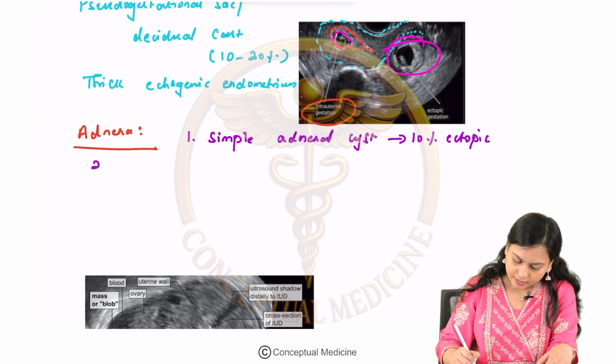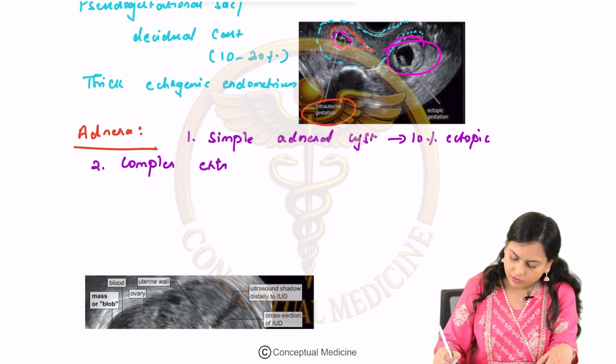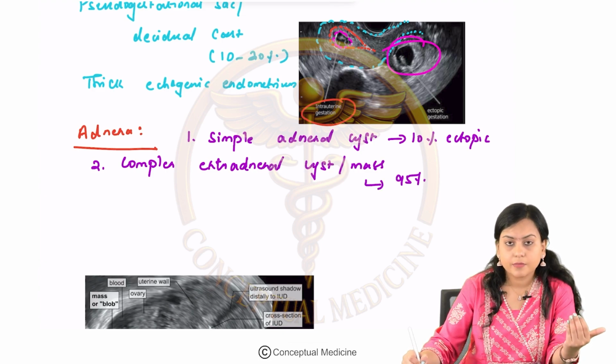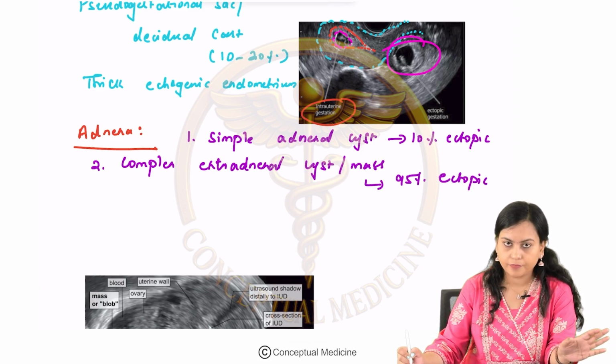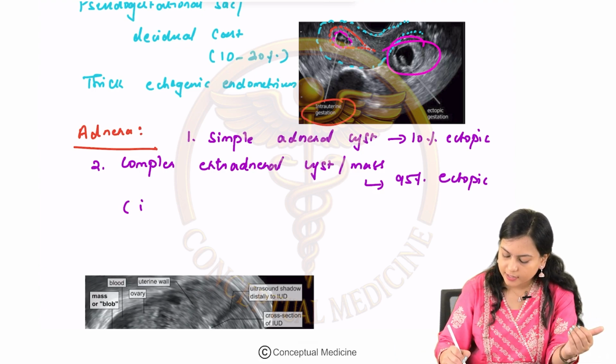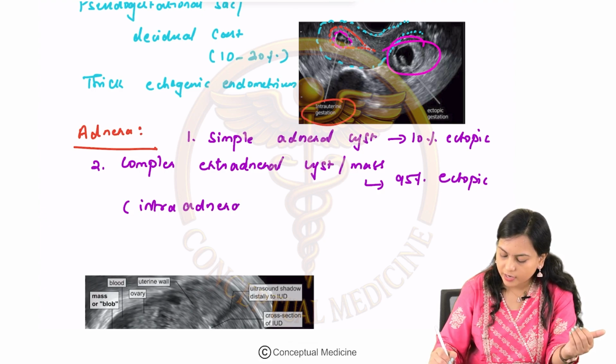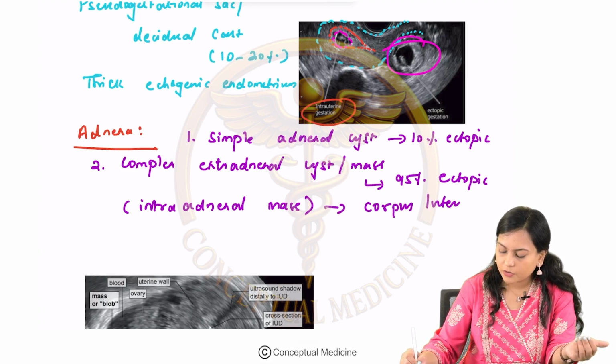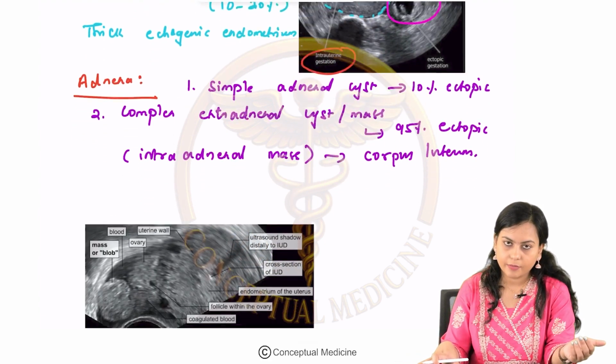And if you see a complex extra-adnexal cyst or mass, then there is a 95% chance that it is an ectopic. Suppose we take this to be an intra-adnexal cyst or mass, then the chance is more that it is a corpus luteum.